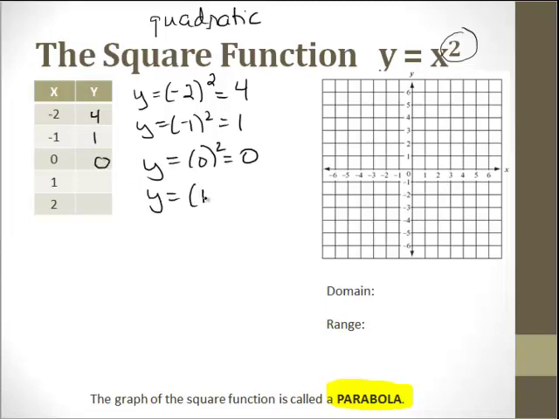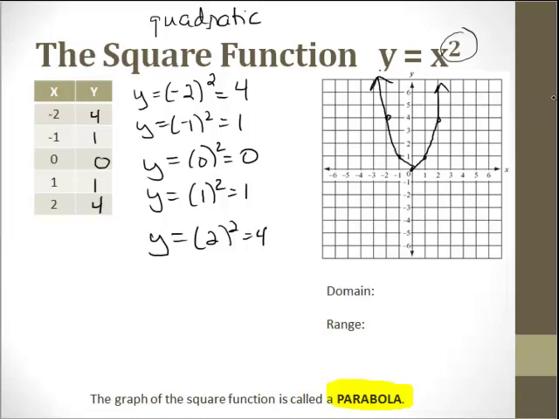Y is equal to 1 squared, we get 1. And y is equal to 2 squared, we get 4. So if we plot those points, we get negative 2, 4, negative 1, 1, 0, 0, 1, 1, and 2, 4. And that graph looks something like this.